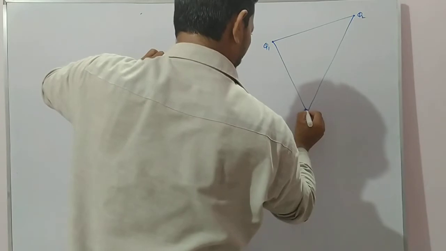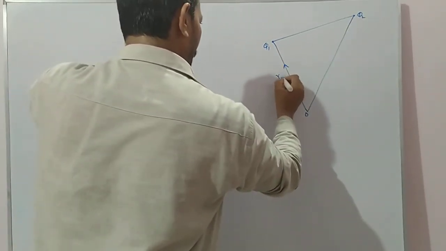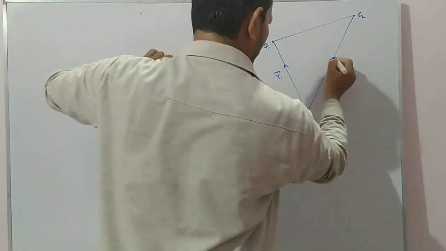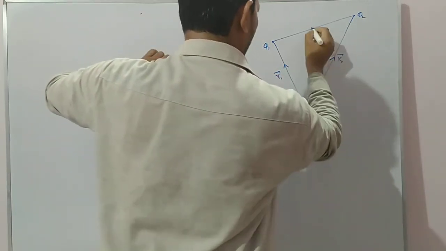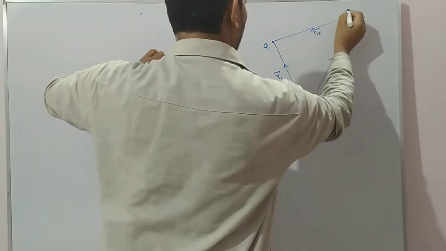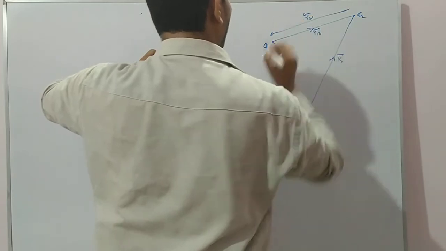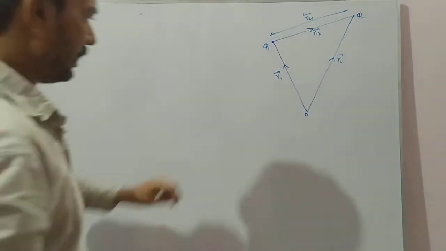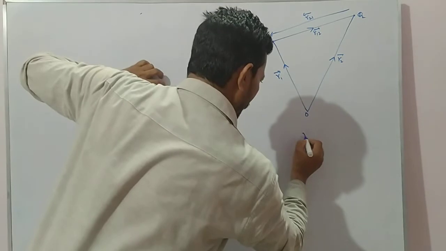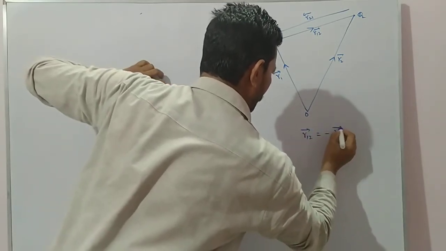This is the origin O. This is R1 vector. This side is R2 vector. From here to here, this is R12 vector. Second one is R21. Now see here, R12 vector is minus of R21 vector.